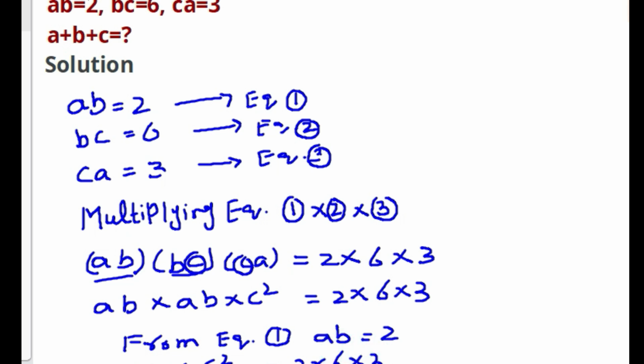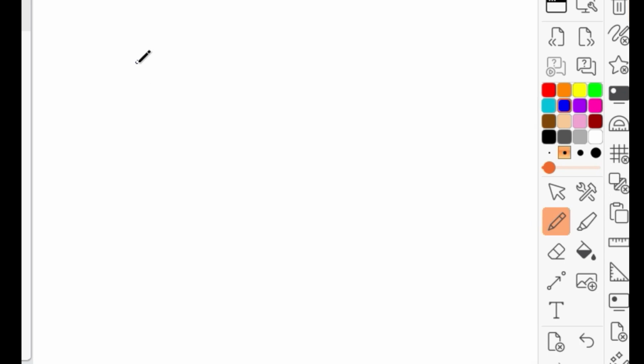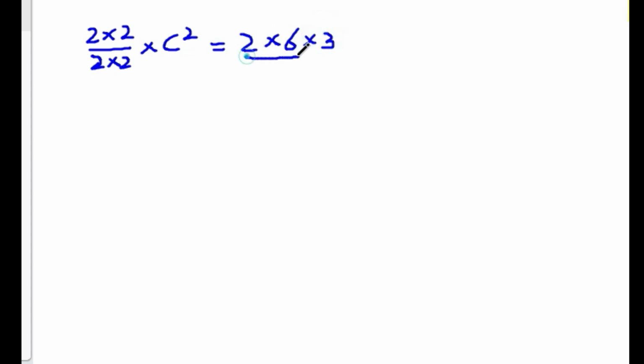Dividing both sides by 2 into 2, C square, 2 into 6 into 3, 2 into 2, these are cancelled.